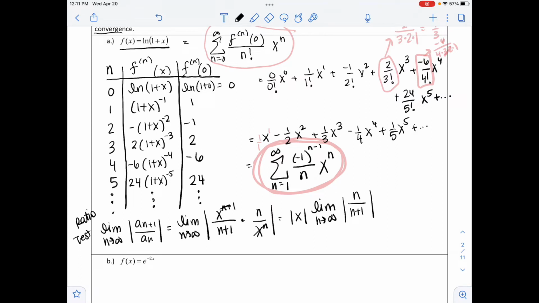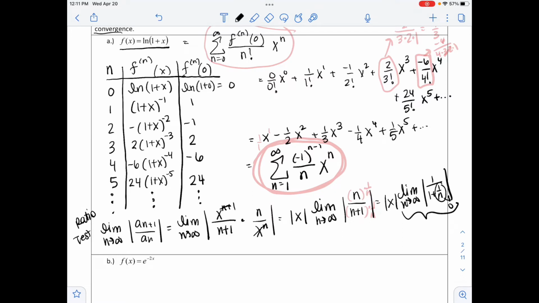And so to deal with this, I'm going to multiply both the top and the bottom by 1 over n, and the reason why is because right now if I were to evaluate the limit, it's indeterminate and it's infinity over infinity. So multiplying both top and bottom by 1 over n, this is going to simplify to the absolute value of x times the limit as n approaches infinity of 1 over 1 plus 1 over n, which would go to 0.